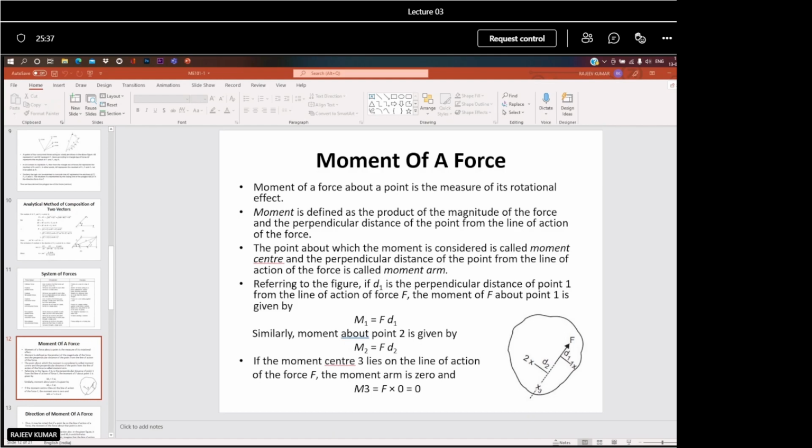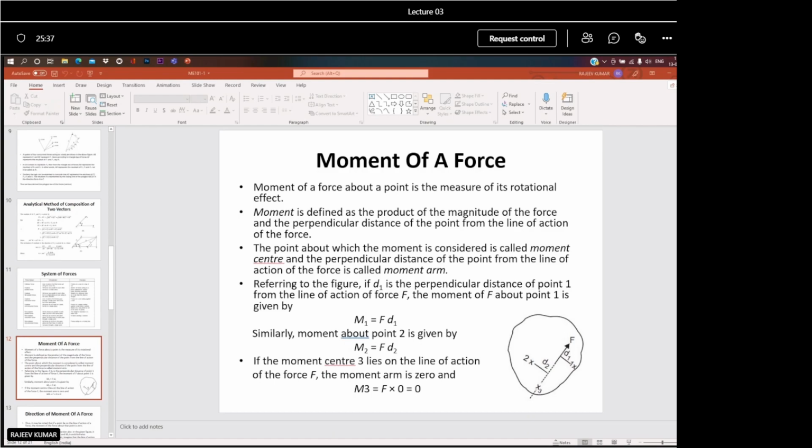When you apply the force, you are pushing, and it rotates. So the moment of a force about a point is about the hinge, where you have put the axis where it rotates. About that point is the measure of the rotational effect, because at that point it is rotating. This rotational effect is called the moment.